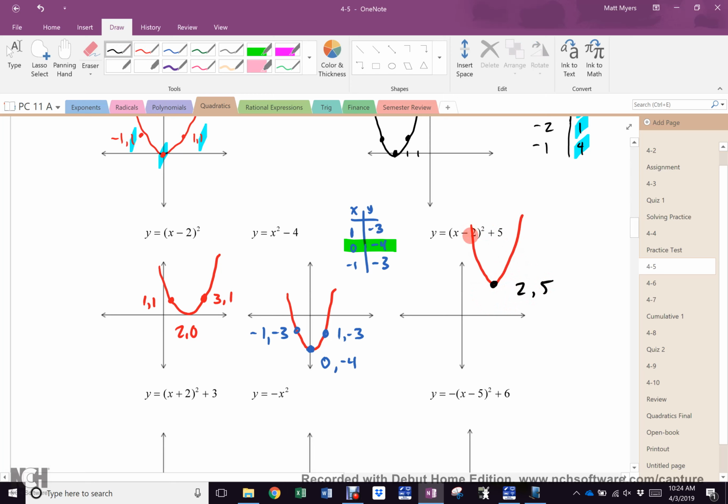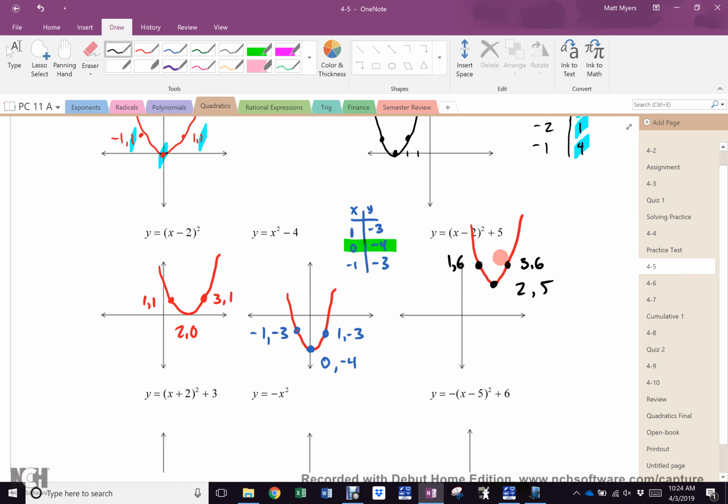Now notice the question gives it to me, doesn't it? Opposite of what I see, 2, and what I see, 5. What are these 2 points? The first 2 points. What's that one going to be? 3, 6. What's that one going to be? 1, 6. Y stays the same. X's have to change. Is everybody cool? Yeah?